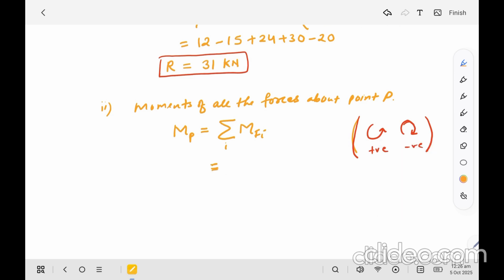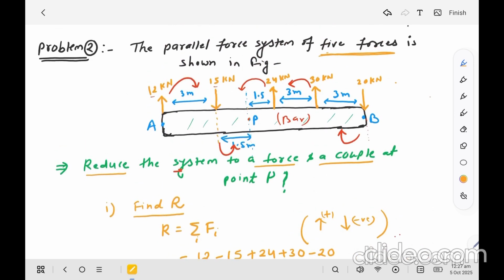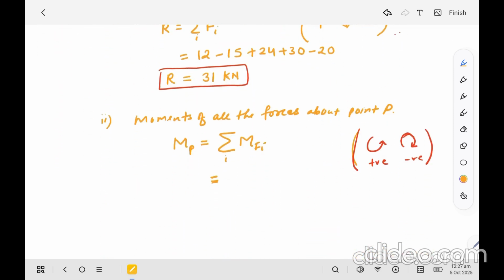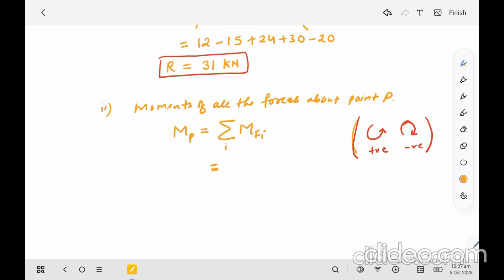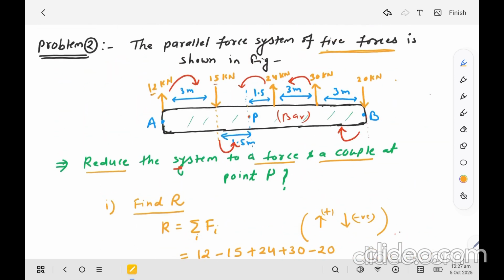So now we can do the algebraic sum of moments of all these forces. So the moment of this force 12 kilonewton about point P is, because this is clockwise, negative, so minus 12 into distance 4.5. Okay, and the second force is 15 kilonewton.